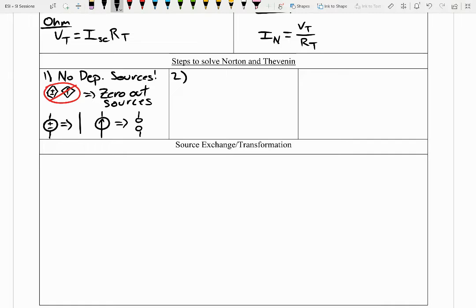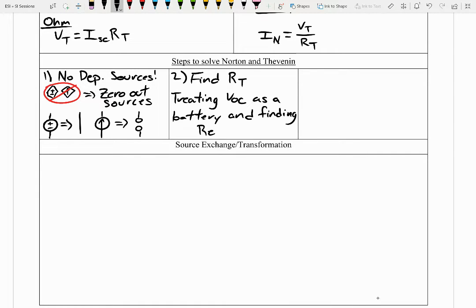Okay. Our second step would be to find our Thevenin, and we're going to do this by treating VOC as a battery and finding our equivalent. Okay.